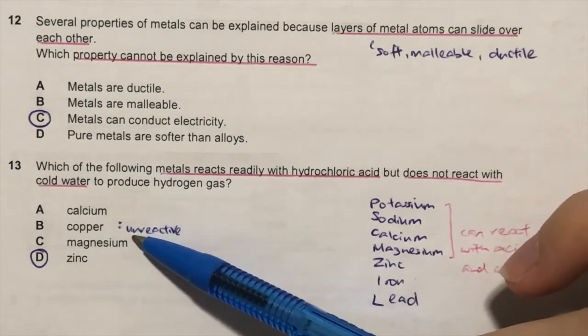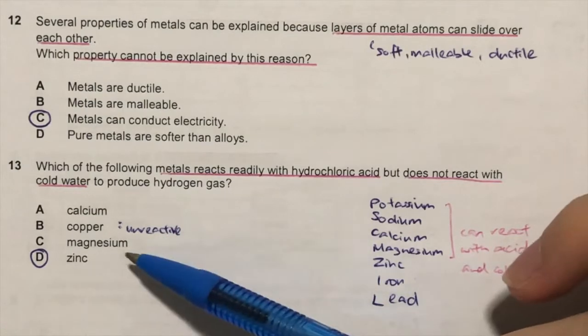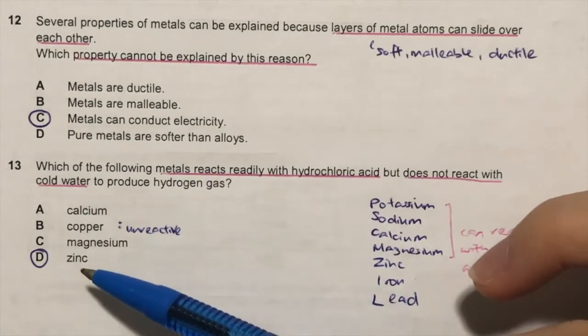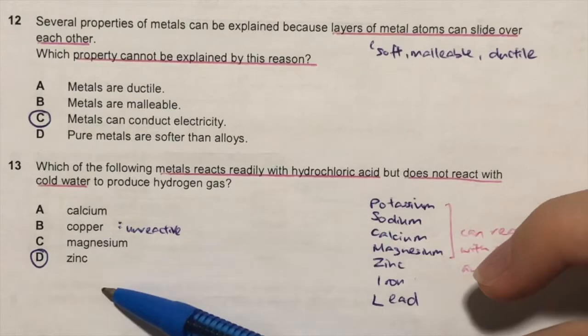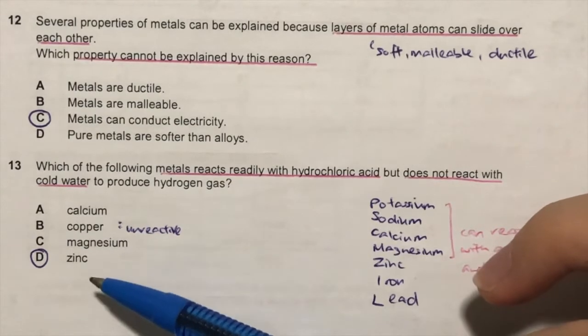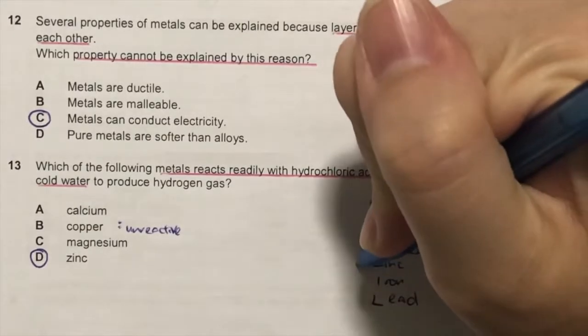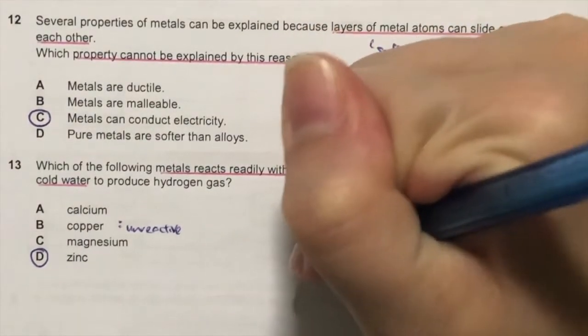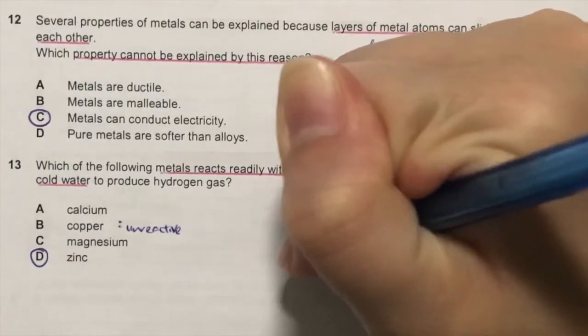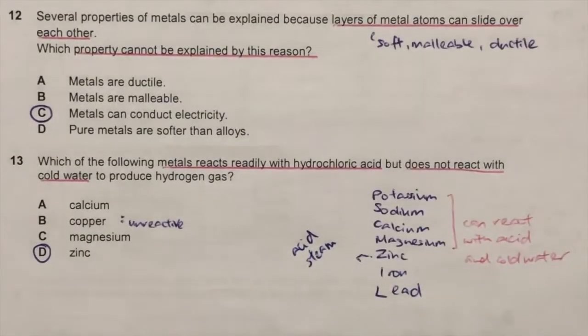Copper cannot react with anything, it's an unreactive metal. Magnesium can react with both. So only zinc is the correct answer because zinc can react with acid but cannot react with cold water. Instead, zinc will react with steam. So zinc can only react with steam and acid, but it cannot react with water.